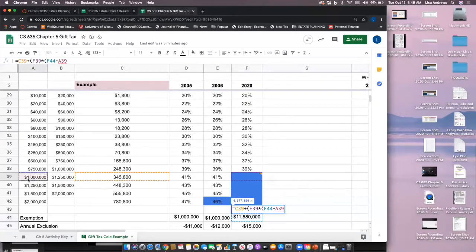I've already done the math on the first million. That's captured in the $345,800. So it's 40% of $10,580,000. So my equivalent credit is going to be $4,577,800. If I were to have a taxable estate of $11,580,000, the whole thing would be wiped away by my equivalent credit.